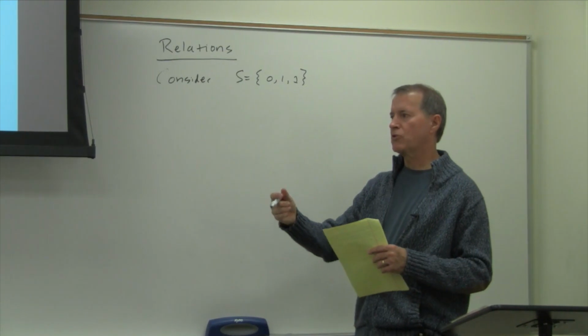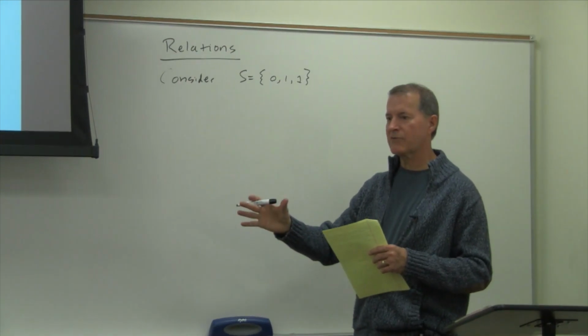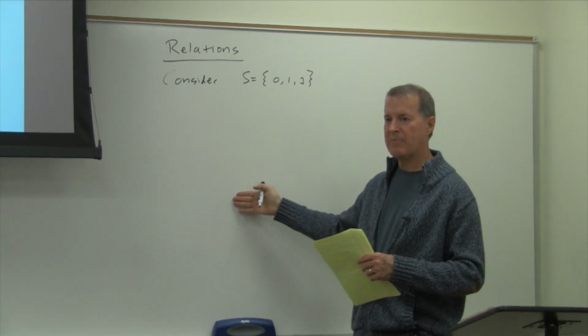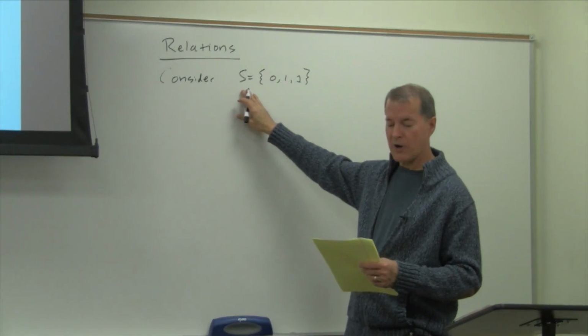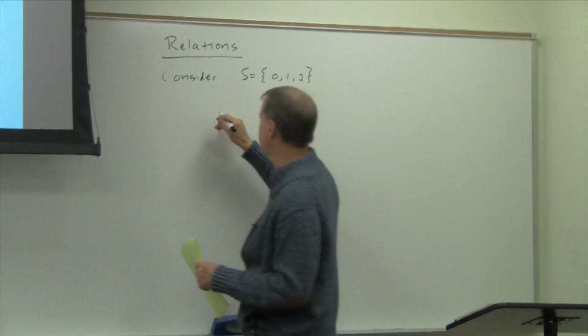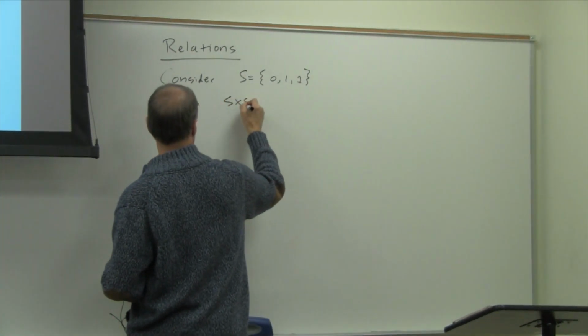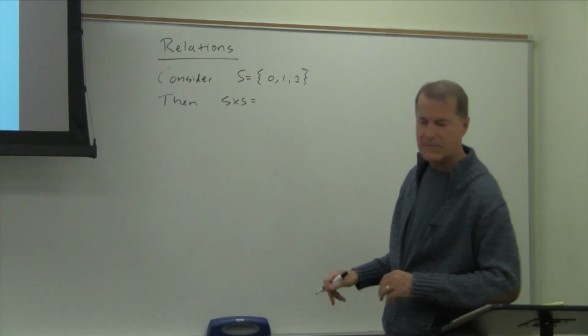Up until now, we've been doing S cross T, and S and T can be two completely different sets, like the example we just had, where S was A, B, C and T was 4, 6. It frequently happens that you cross the set with itself. Now, what is S cross S, if S is the set 0, 1, 2? 0, 0, 0, 1, 0, 2.